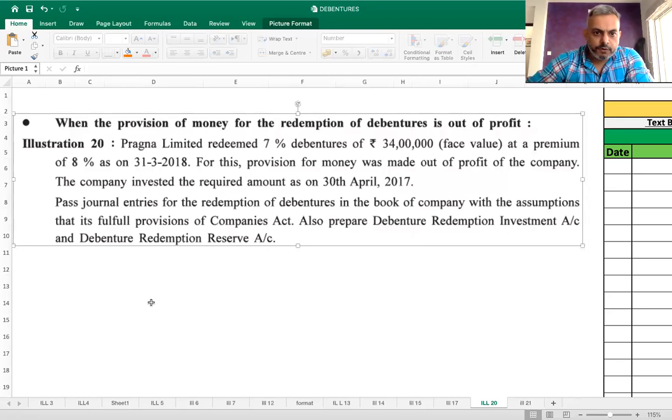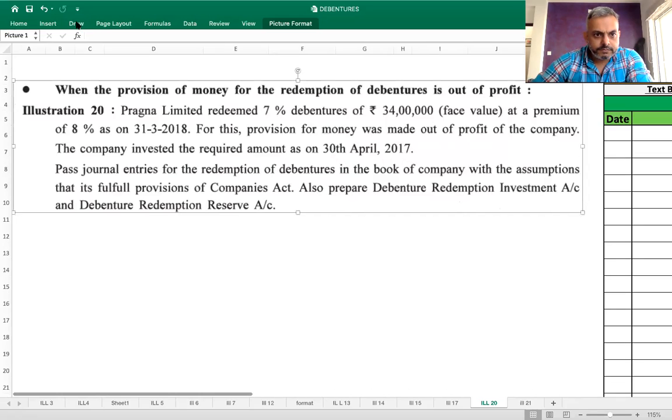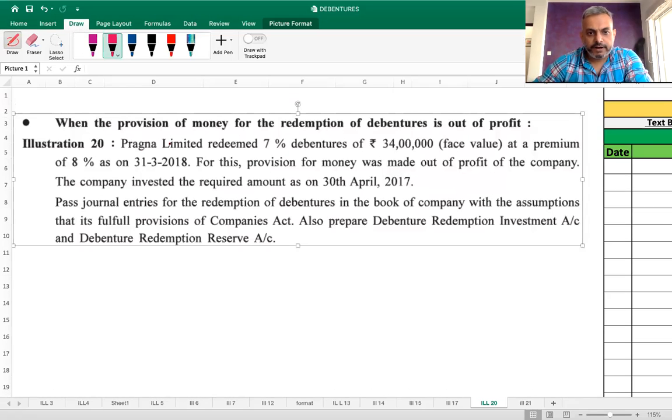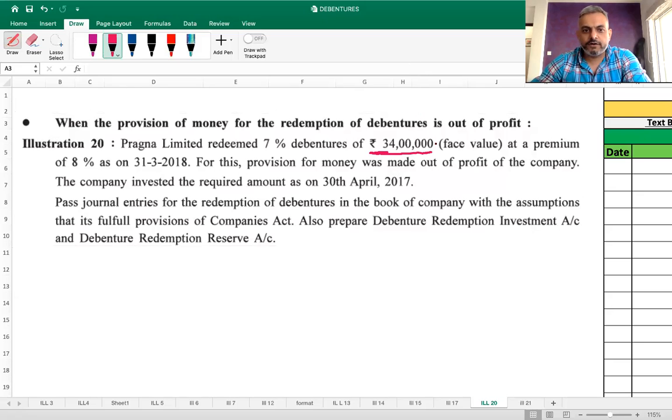Now, when the provision of money for redemption of debenture is out of profit: Pragna Limited redeemed 7% debentures of rupees 34 lakh. Rupees 34 lakh means 34,000 debentures if 100 is the face value. However, the face value per debenture is not given over here.